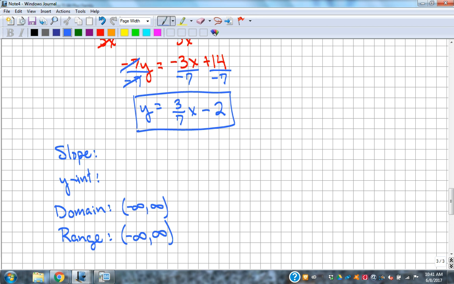Now, what's the slope of this line? 3/7. What's the y-intercept? Negative 2. All right, so I'm ready to graph that then. First dot would be where?